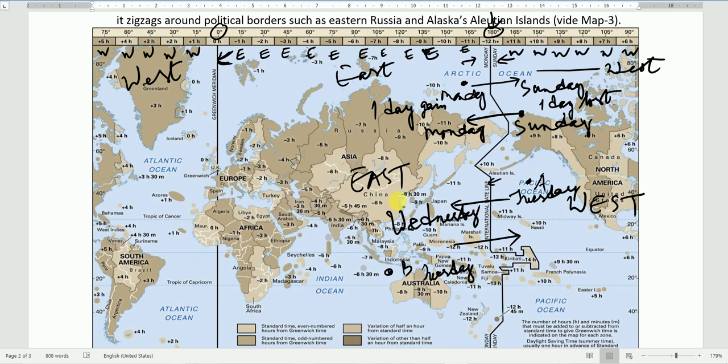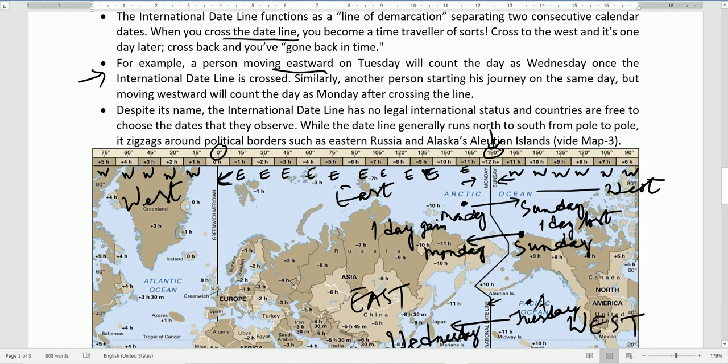The day becomes Monday if he crosses the international dateline westward. Another person starting his journey on the same day, moving westward, will count the day as Monday after crossing the line.